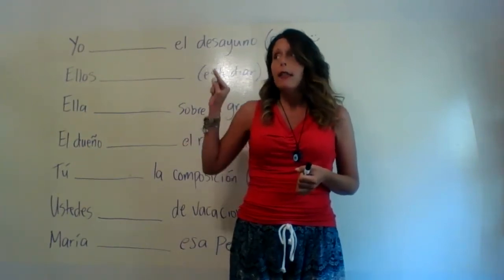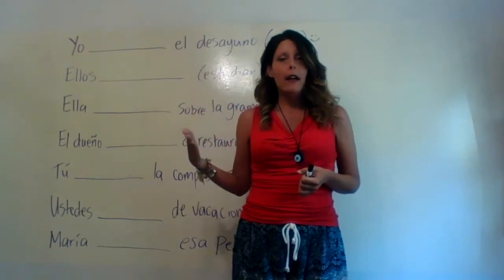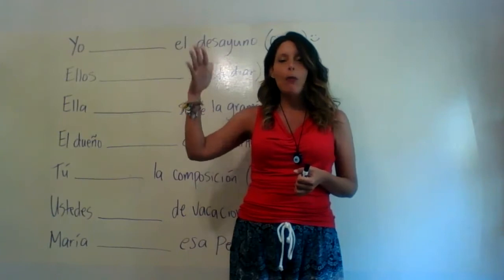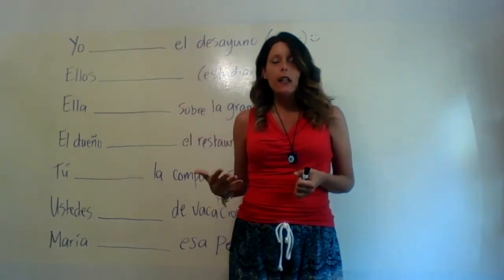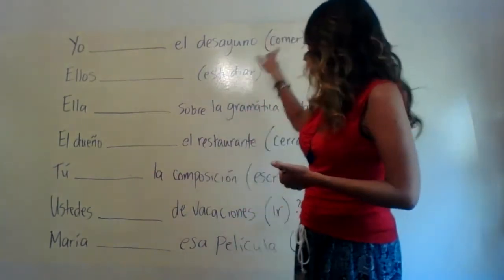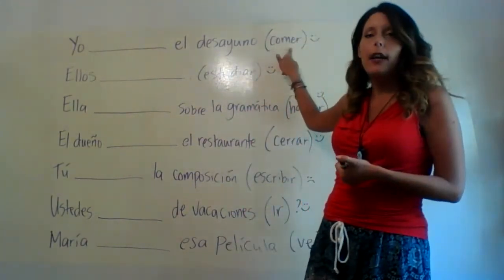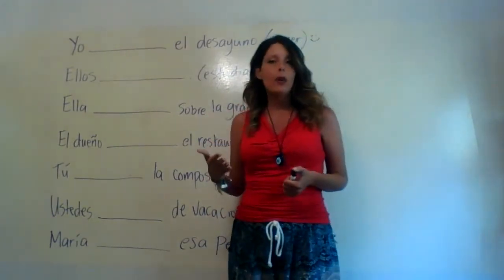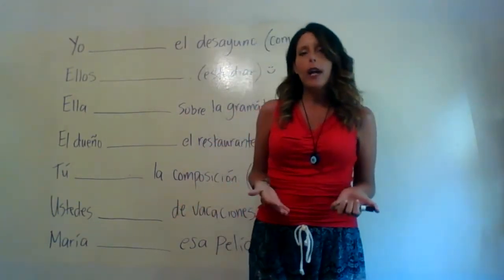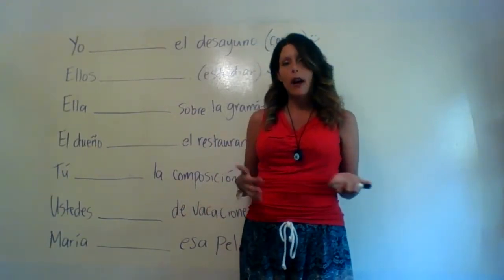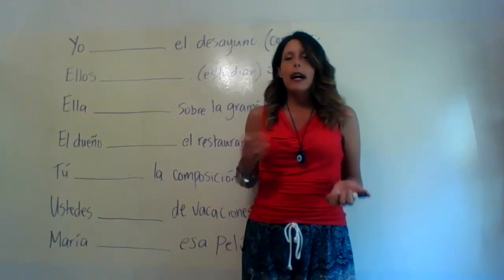So we have the helping verb haber as our first word, and that was has, hemos, han. And then we have a participle that's going to be formed from the verb that I would have here in parentheses. If it's an AR verb, you chop off the AR and add ado. If it's an ER or IR verb, you chop off the ER or the IR and add ido.